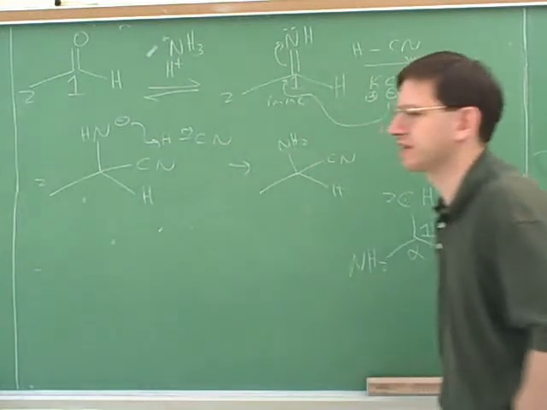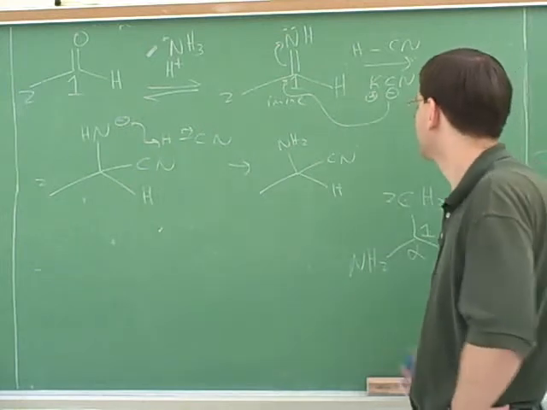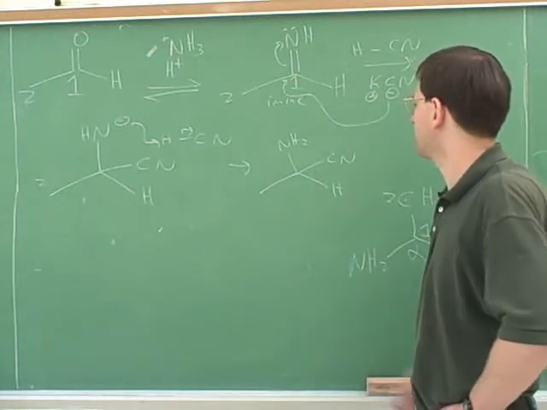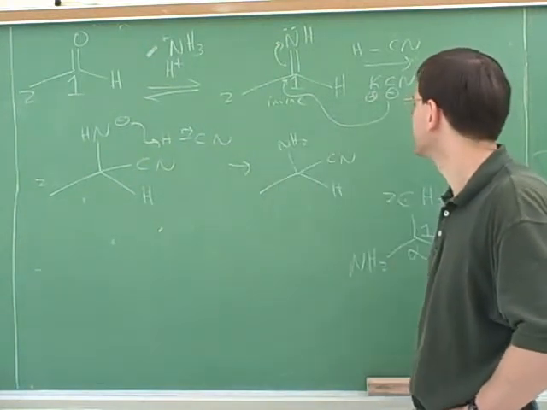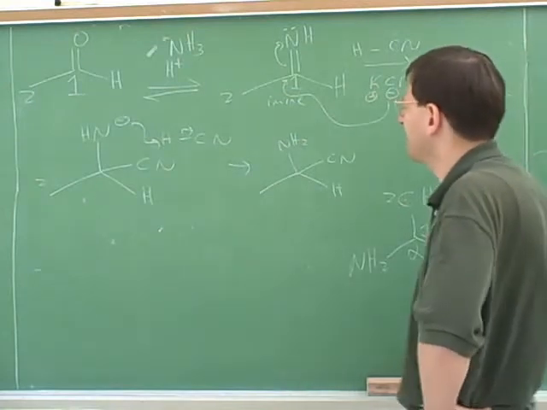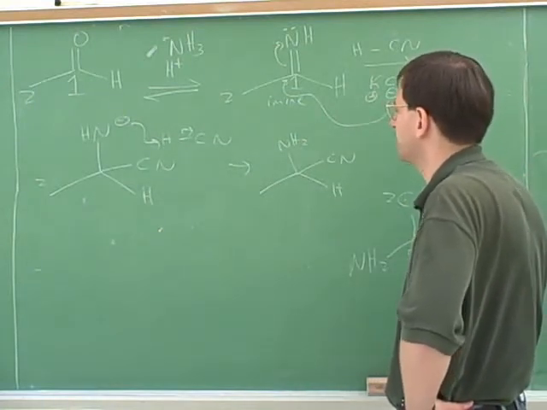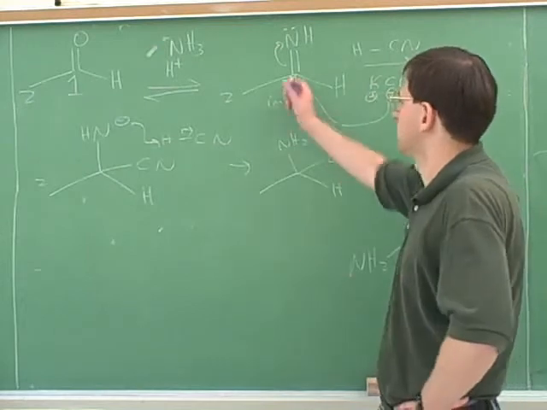That'll give us something like this. Because this is only a weak acid, I wouldn't protonate this anymore over here. Like I say, I'm not sure exactly what the exact mechanism is here, but I just wanted to show that this is a reasonable reaction.